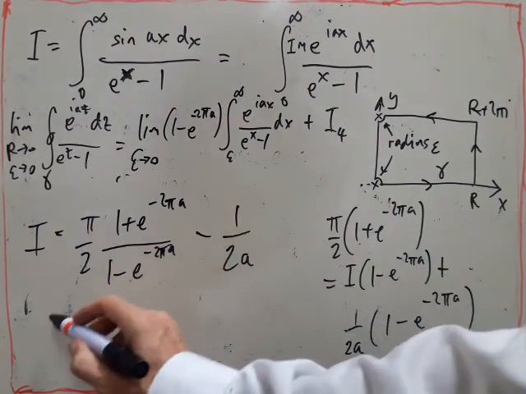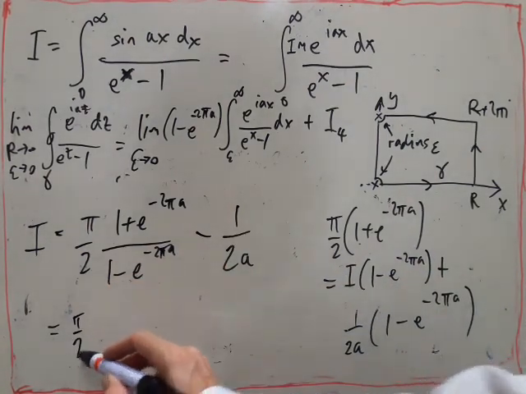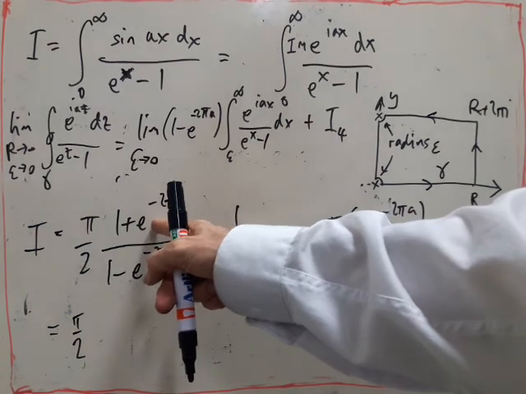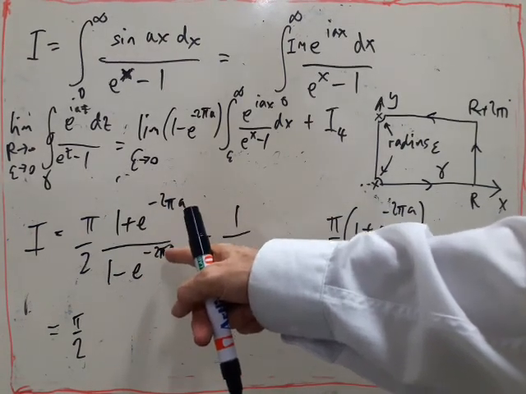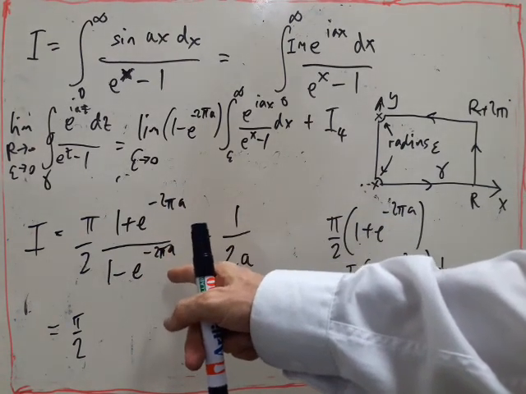We can make this look slightly nicer if we multiply top and bottom by e to the pi a.